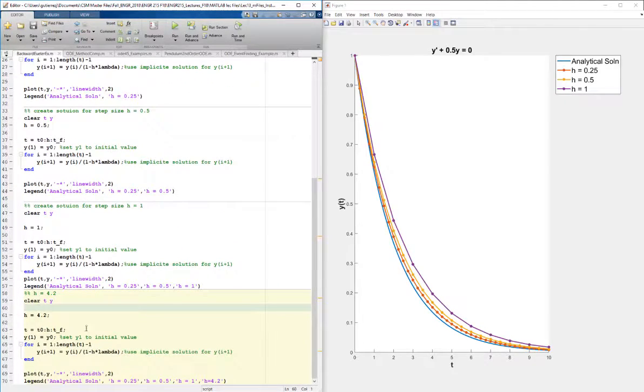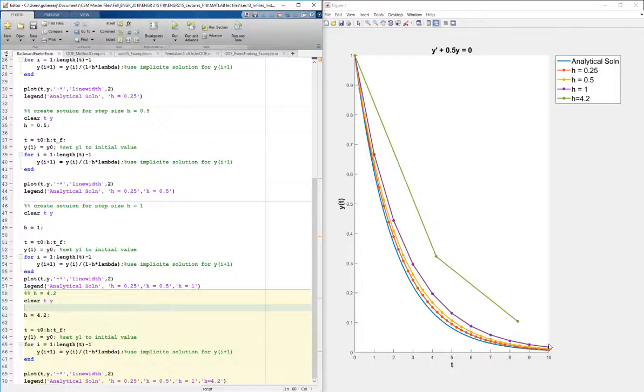But what's really of interest here is if I take quite a large time step, so a time step of 4.2 seconds. Now remember, this would have given us an unstable solution for our forward Euler method. However, we derived that our backward Euler was stable for all delta t. And so if I run this section, I expect it to be stable, and in fact it is.